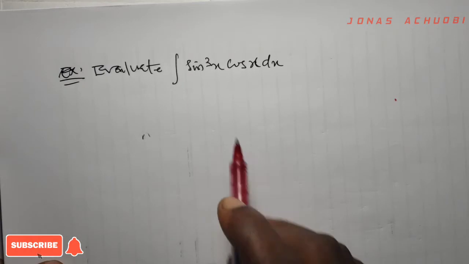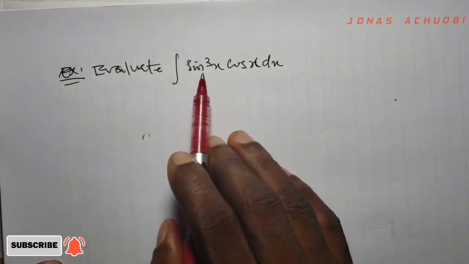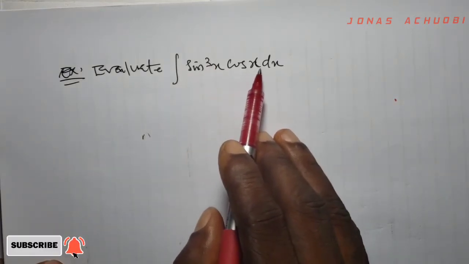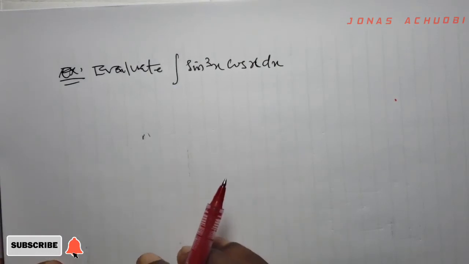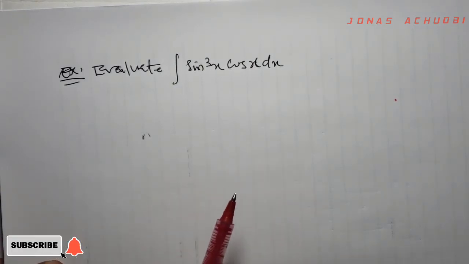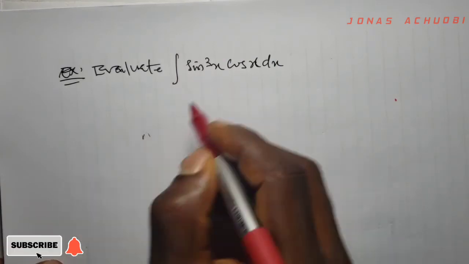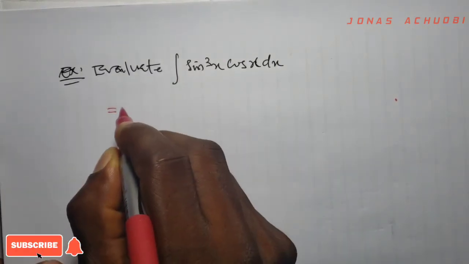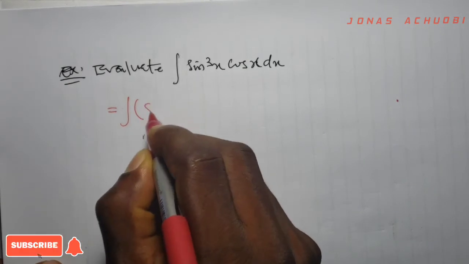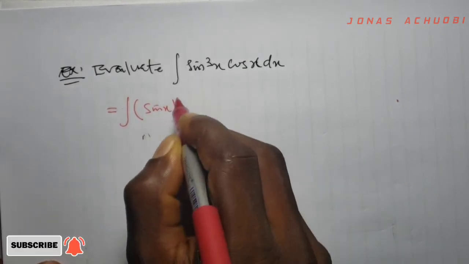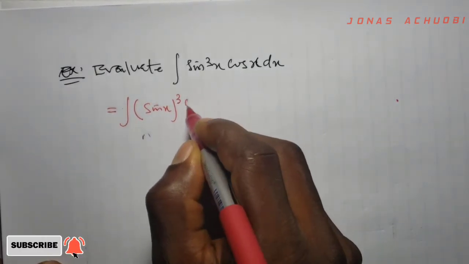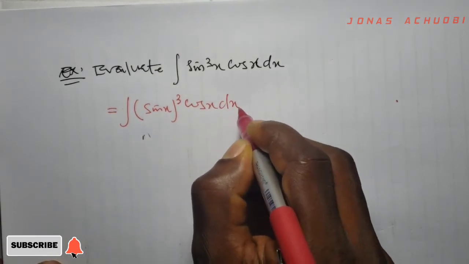Here we have the integral of sin cubed x cos x dx. We're asked to integrate. We watch again closely. Let's rewrite this first. We can rewrite this as the integral of sin x raised to the power 3 times cos x dx.